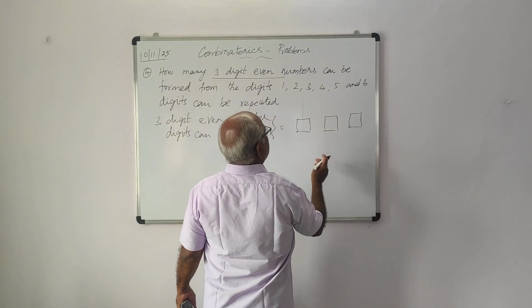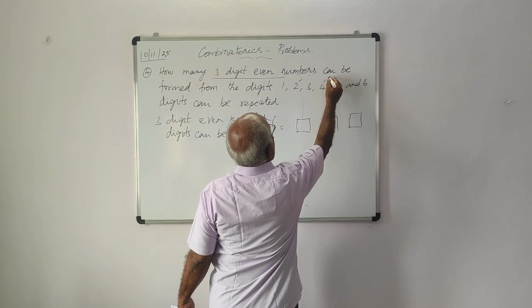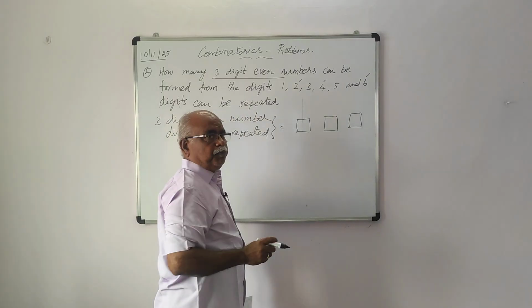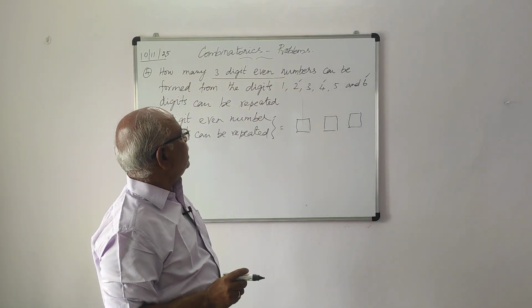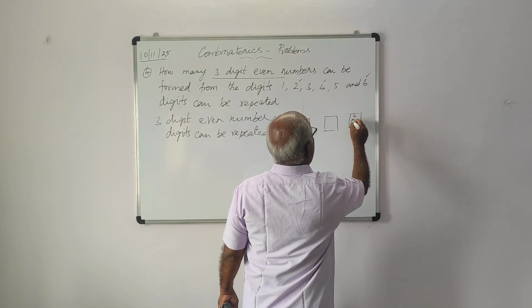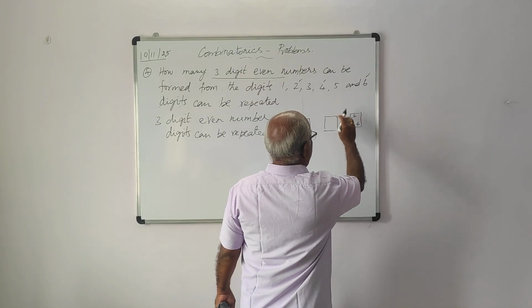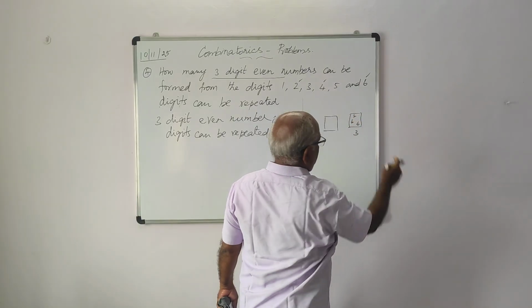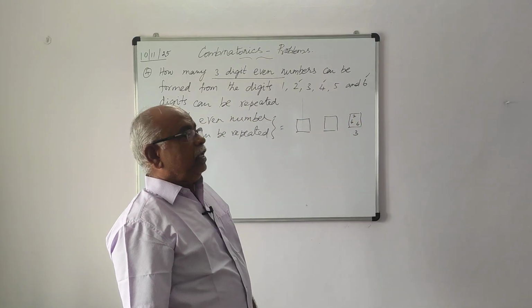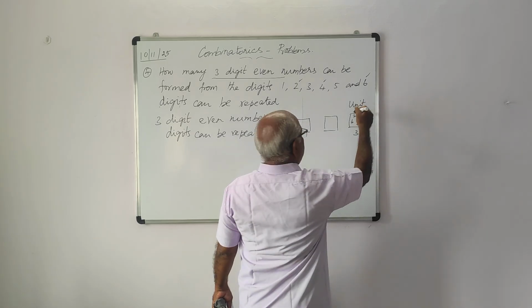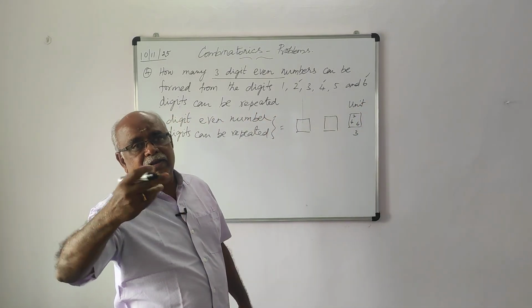How many even numbers? See, out of the 6 given numbers, there are 3 even numbers: 2, 4, 6. Out of these 3, any one can be filled in the unit place, in 3 ways.